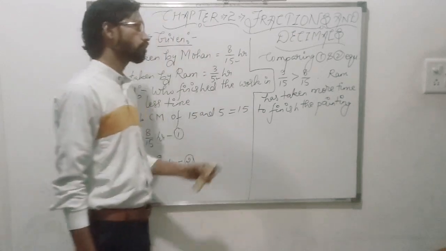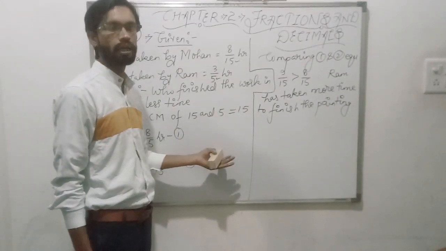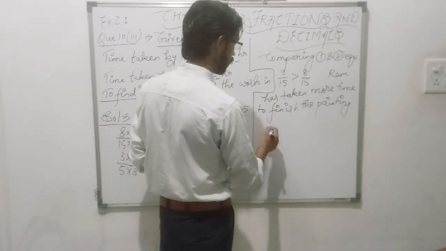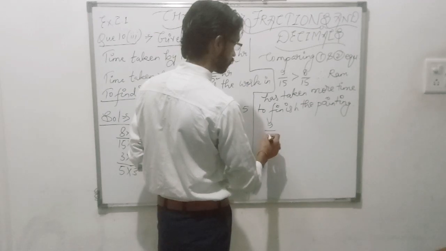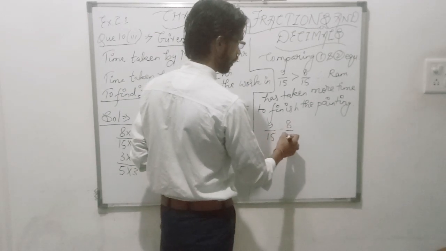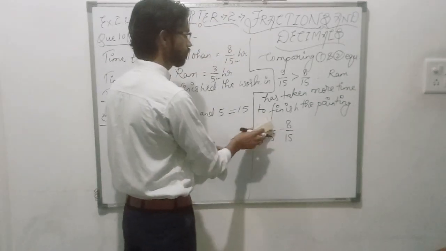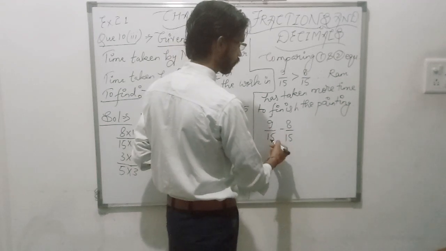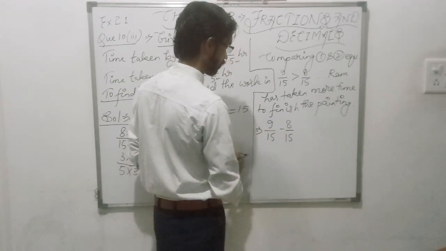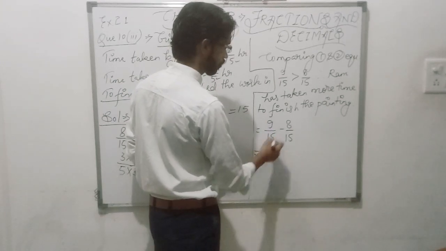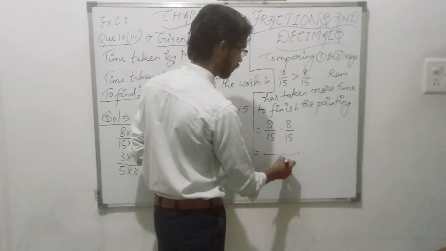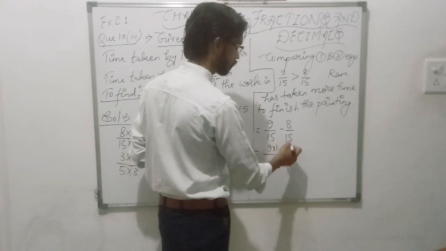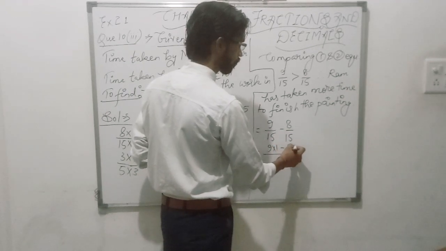And the question is how much more time the person has taken to complete the painting than the other one. So here we compare 9 by 15 and 8 by 15 with the LCM. We subtract the smaller fraction from the bigger fraction. So 9 upon 15 minus 8 upon 15. The LCM is 15 and this will be the same.